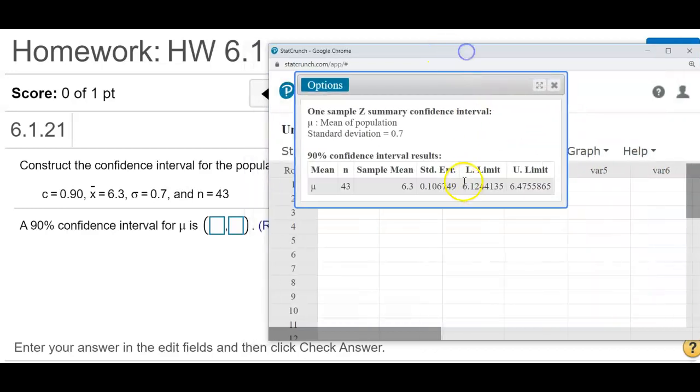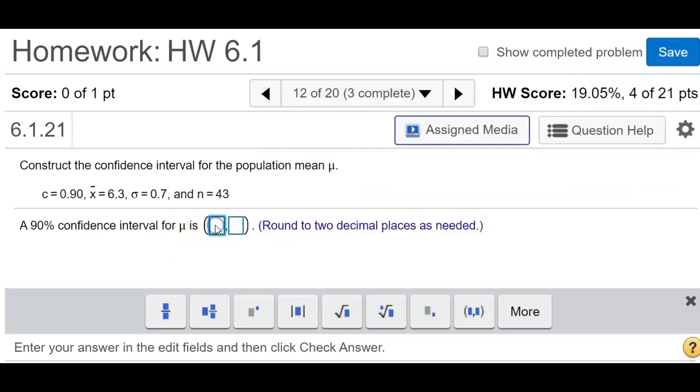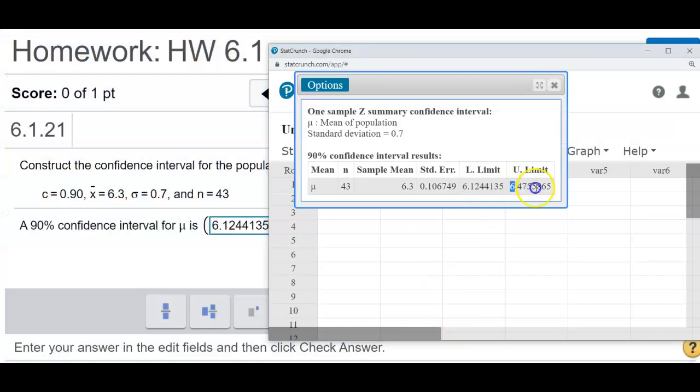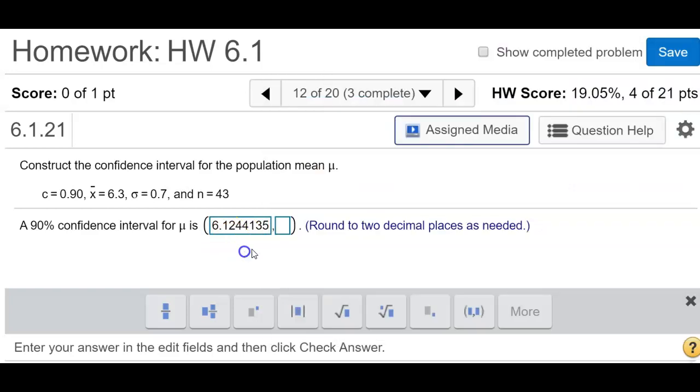Once I have this, I'm going to go ahead and copy my lower limit and upper limit. So you will copy your lower limit and place it right here. And you will go back and copy your upper limit. Remember, you're giving me an interval, and you will place it right here.